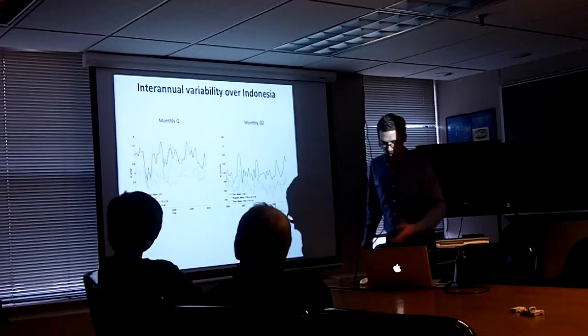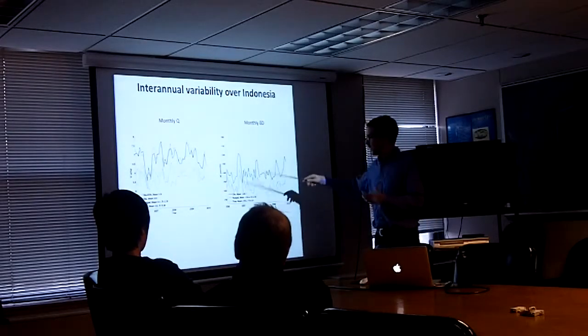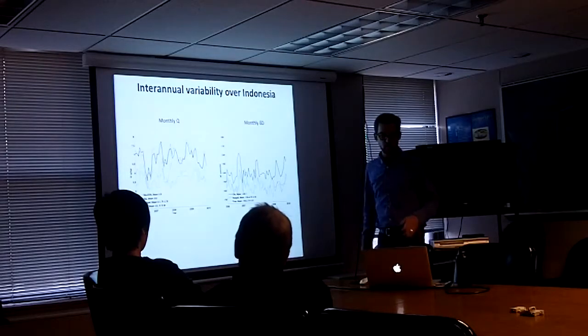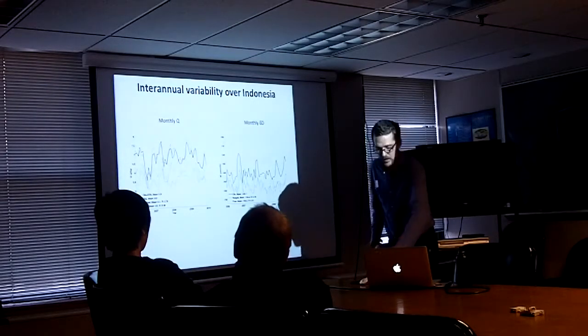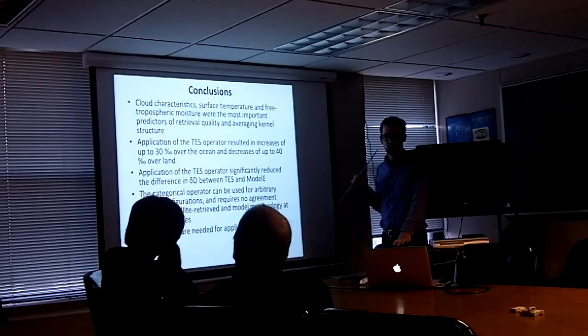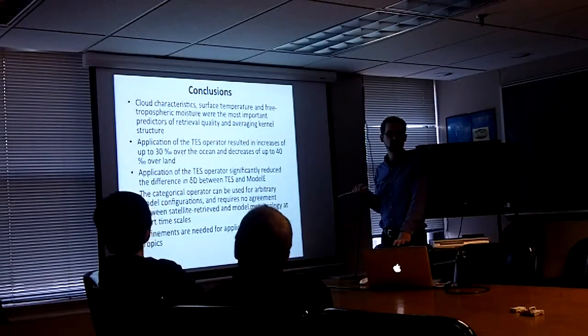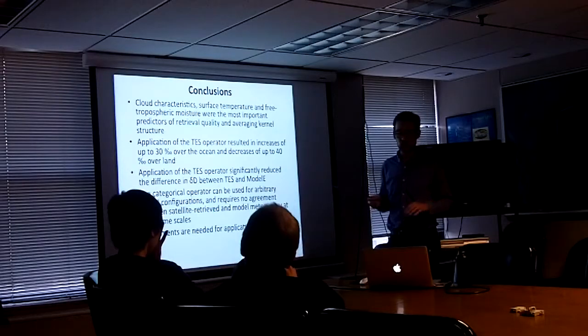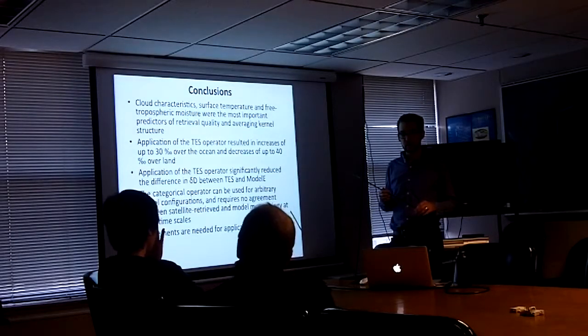Anyways, that's where we can now start to look, and these are all for the models. These have the full operator applied. So having done that, we can now start to make those comparisons. So what we can do now, using the isotopic observations, is to make comparisons for arbitrary model configurations, not relying on any agreement at short time scales between the model and satellite, for which the collocation-based approach might not work.